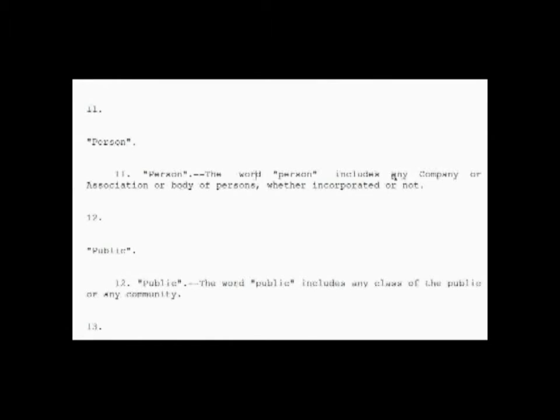Section 11 talks about person. It considers a company, association and body of persons as a person. All these three things are included as person. Even though a company has no entity or brain of its own, it can still be legally liable for punishment through its agent or manager.